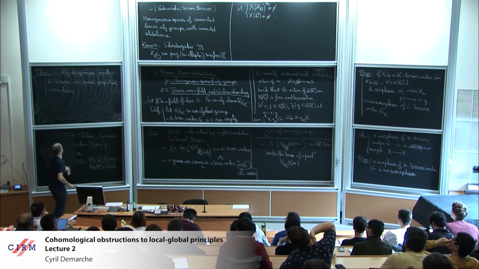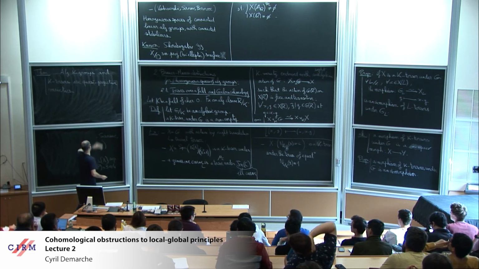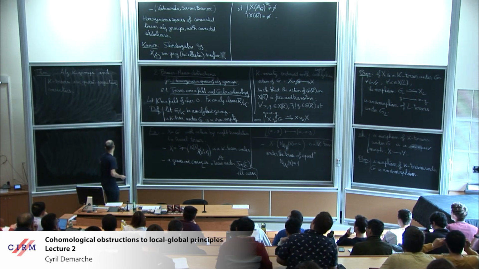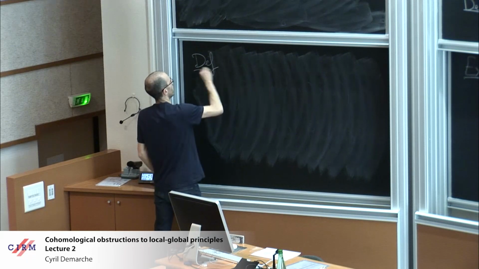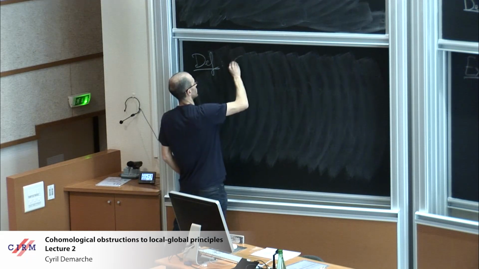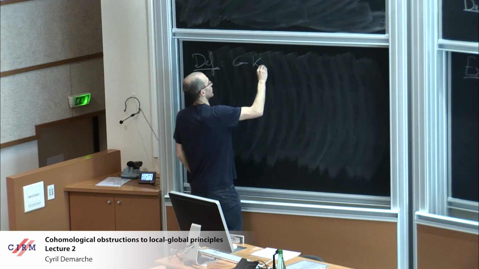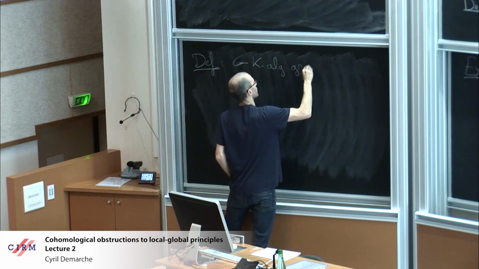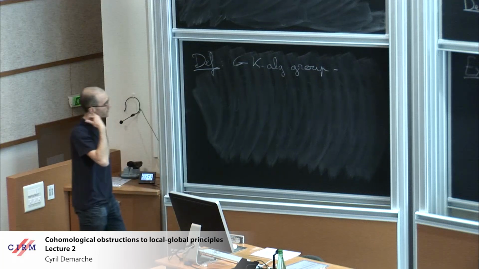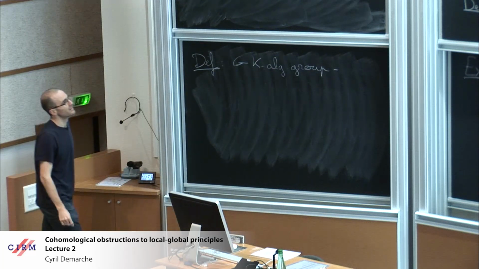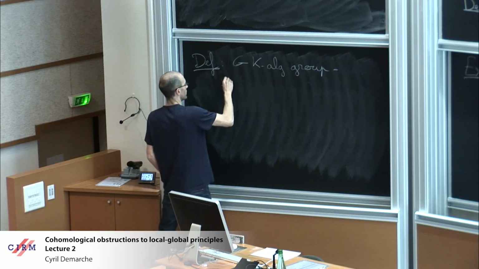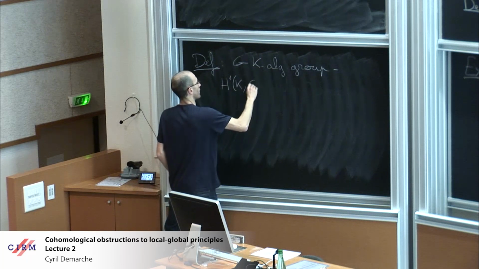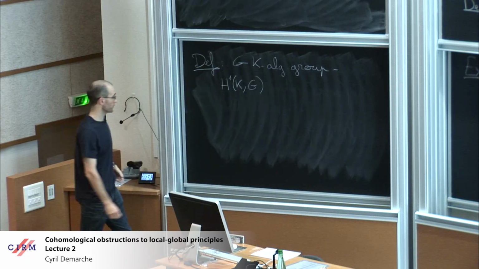So let's define Galois cohomology in this non-abelian setting. G is an algebraic K-group.